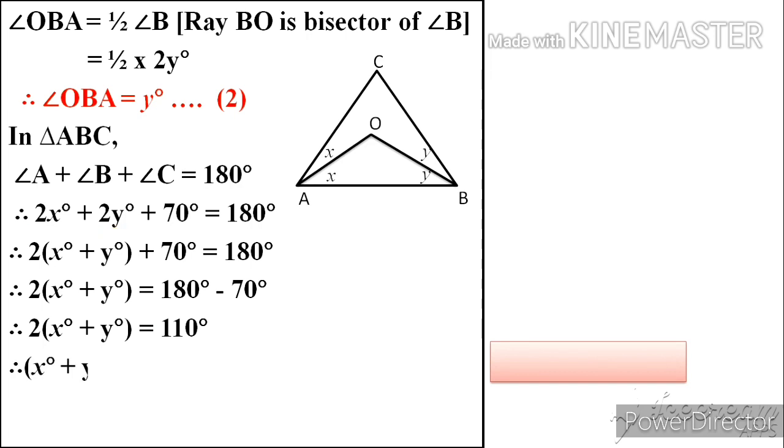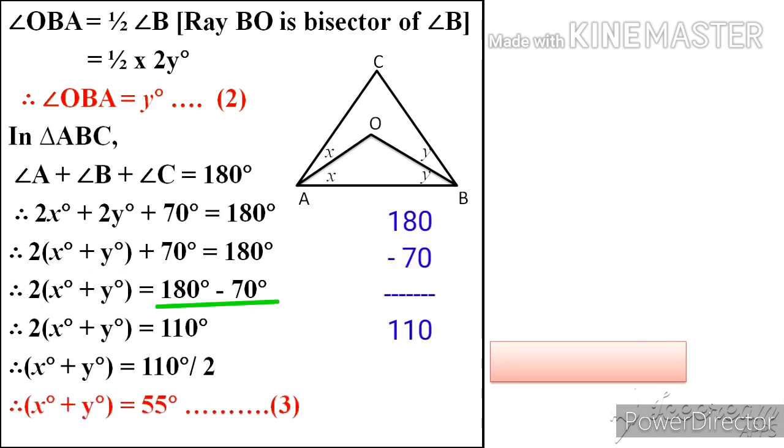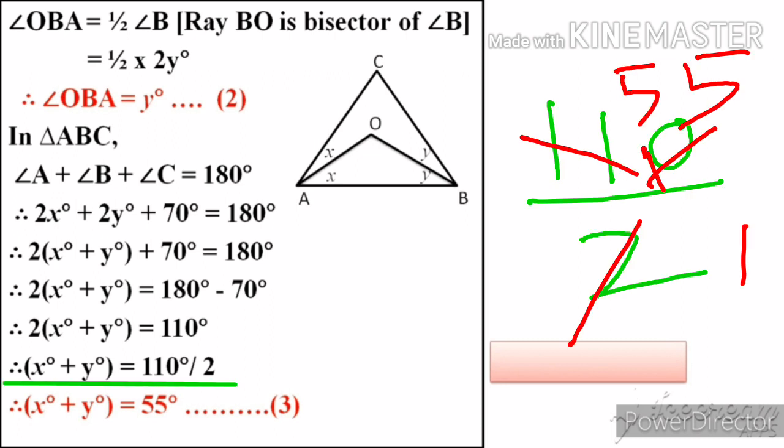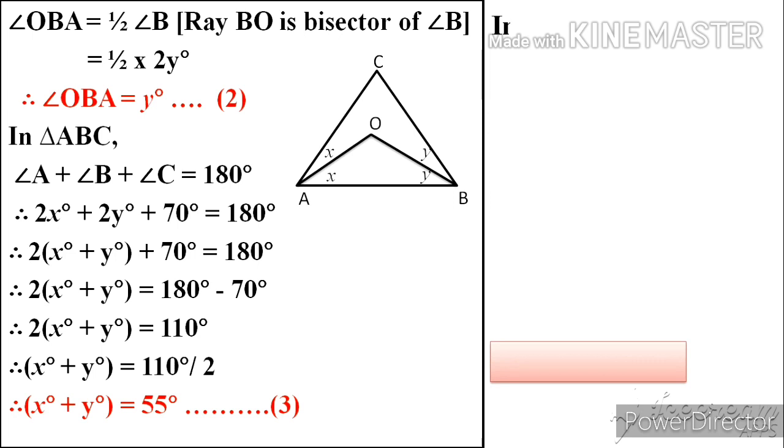Now 2 into x plus y plus 70 degree equal to 180 degree. 70 will go to the right side, become minus. So 2 into x plus y equal to 110 degree. Here we get x plus y equal to 110 degree divided by 2. So x degree plus y degree we get 110 divided by 2, we get 55 degree. That is equation number 3.